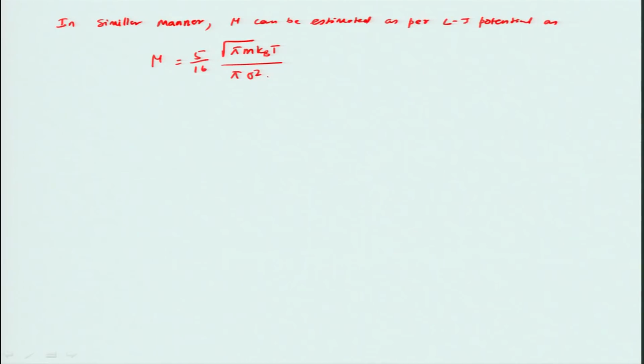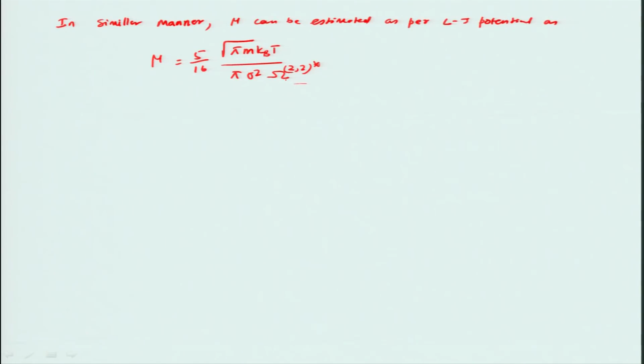Mu can be estimated as per the Lennard-Jones potential as mu equal to 5 by 16 times the square root of pi m kB T divided by pi sigma square omega 2,2 star. The only difference is the integral factor.